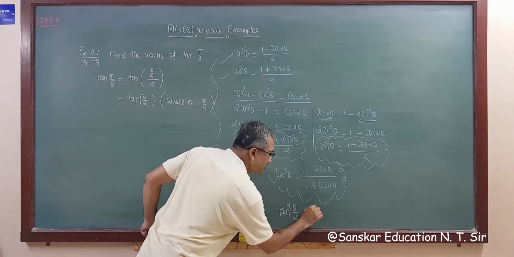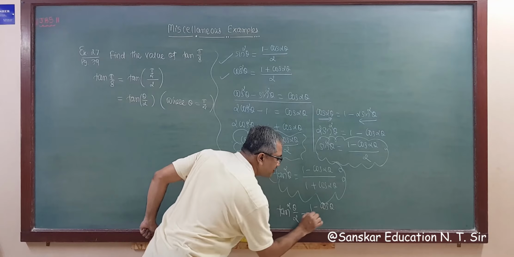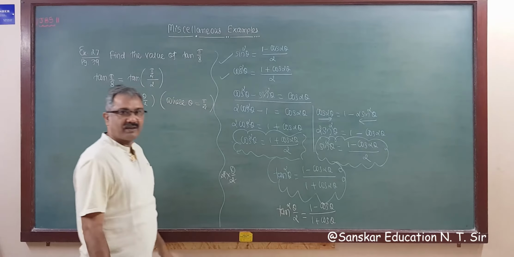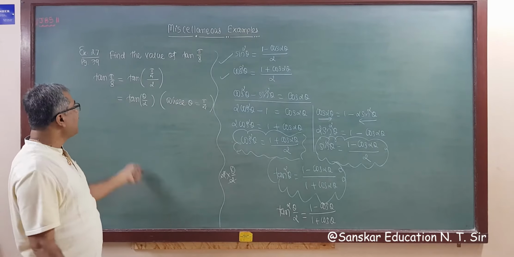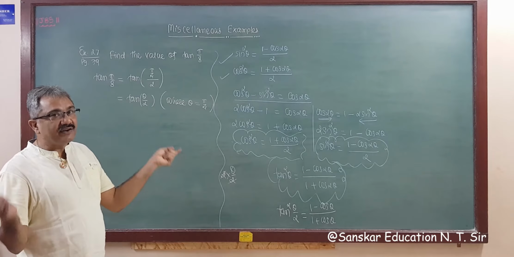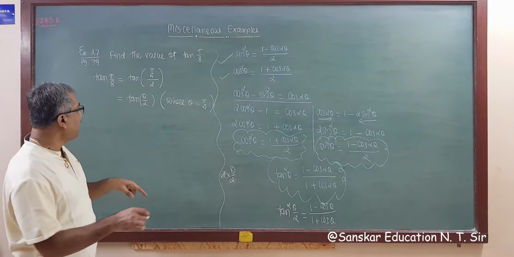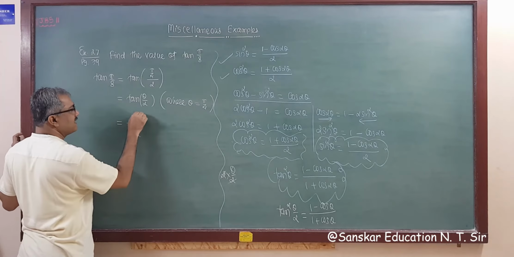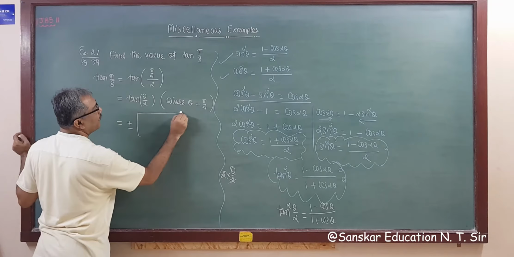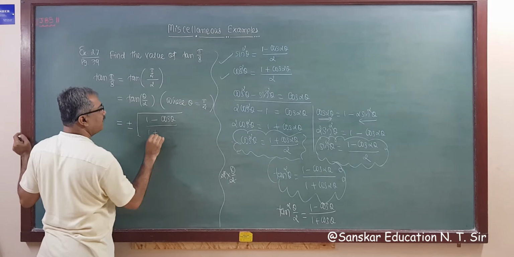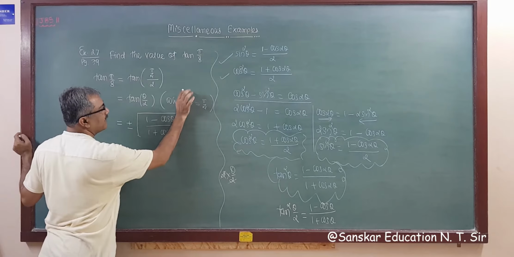So tan square theta by 2 is 1 minus cos theta upon 1 plus cos theta. But this is square and this is only tan, so we have to take a square root. And if we take a square root, then the answer is plus or minus: plus or minus square root of 1 minus cos theta upon 1 plus cos theta.